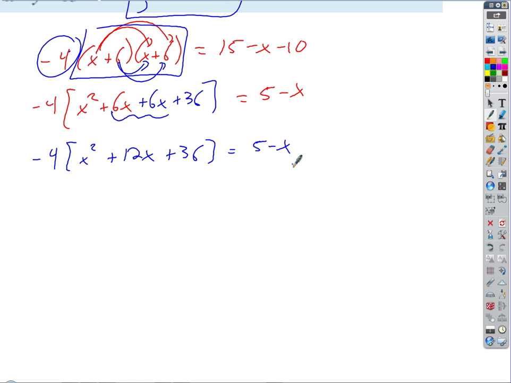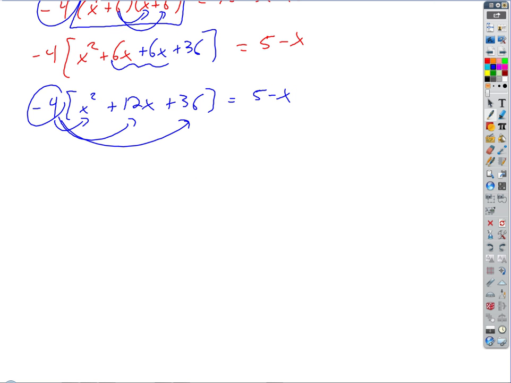And now I'm just going to distribute this negative 4 to each of those three terms. Okay, so that gives me negative 4x squared minus 48x, and then negative 4 times 36 is minus 108 equals 5 minus x.